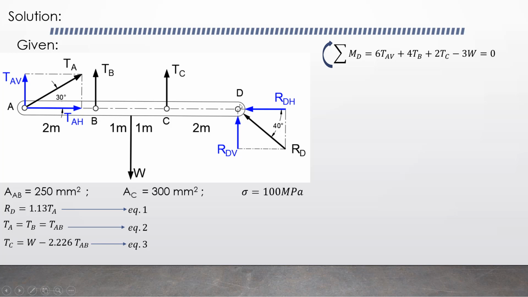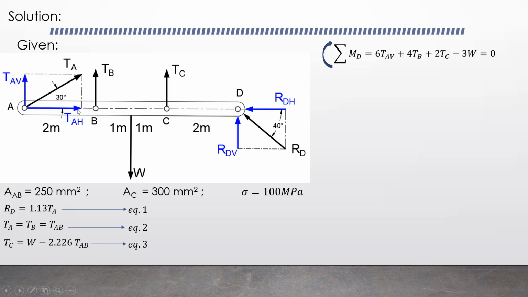Since the vertical component of tension A is 6 meters from point D, we're going to multiply it by 6. And then as we see here, the horizontal component of tension A has a 0 distance, so its distance from point D is equal to 0.